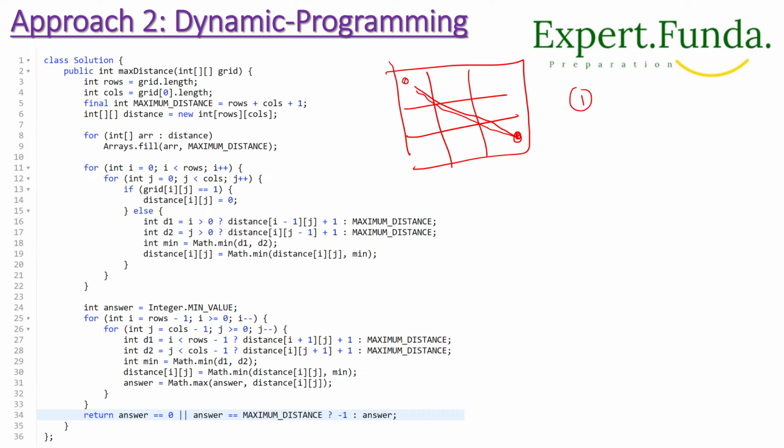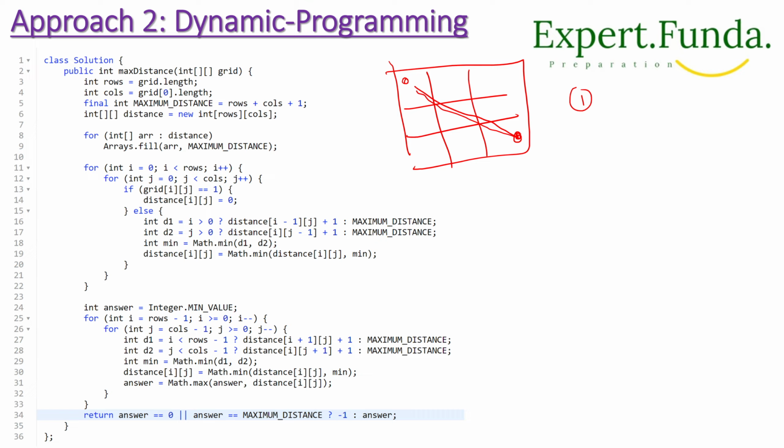So we need two traversals to find the minimum distance from all the neighbors. In the first traversal, we iterate from top left to bottom right, and store the minimum distance for cells using the distance of the cells in the up and left directions.